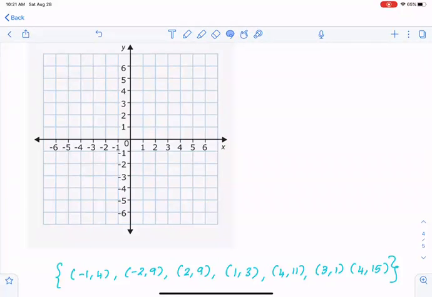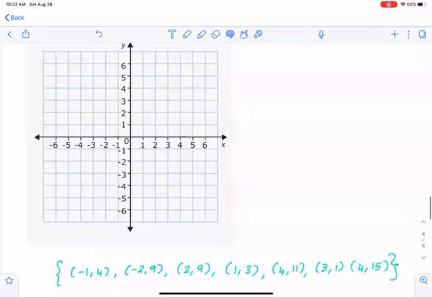Okay, so we're going to take the ordered pairs from the previous problem and put them on this graph. So -1 gives us 4, so the point is right here. Oh, positive 4, my bad. So -1 is giving us positive 4. -2 gives us 9.